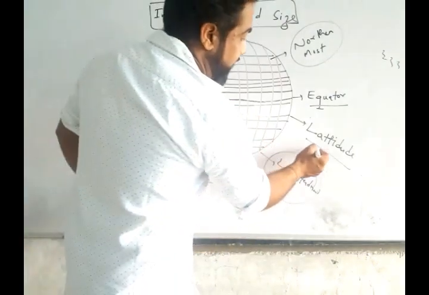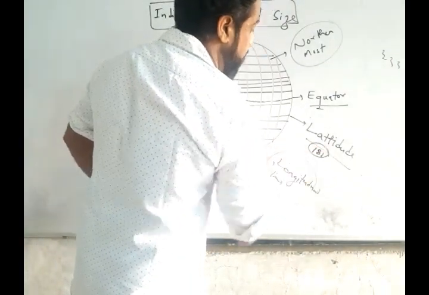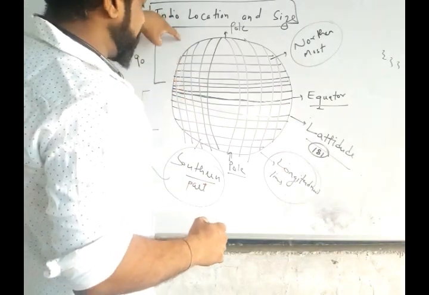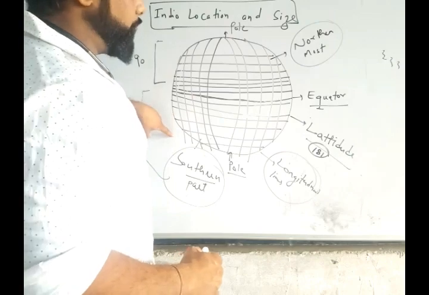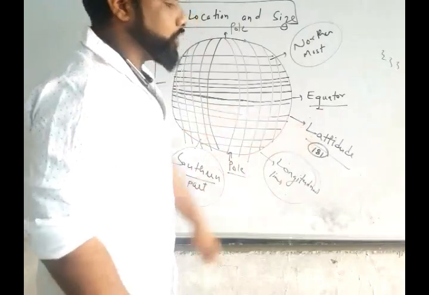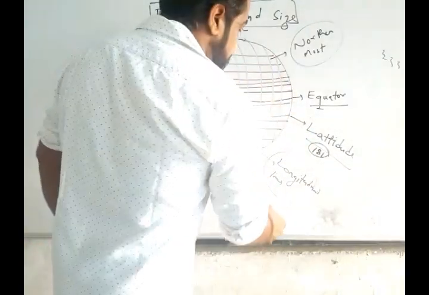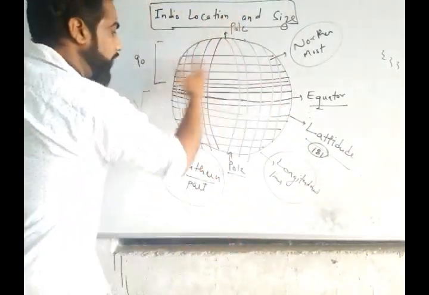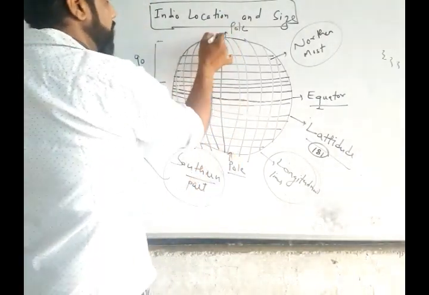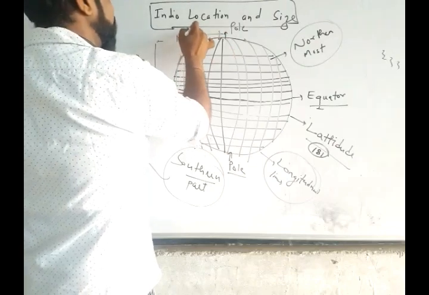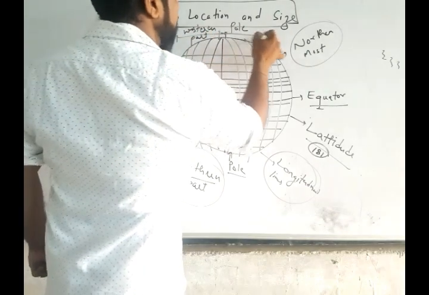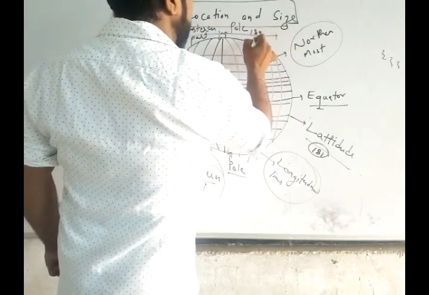Latitudes are 181, because latitude lines are 90 in the northern part, 90 in the southern part. 90, 90, 180, and 1 is the equator. So total latitude lines are 181, and the longitudinal lines are 180 in the western part and 180 in the eastern part.